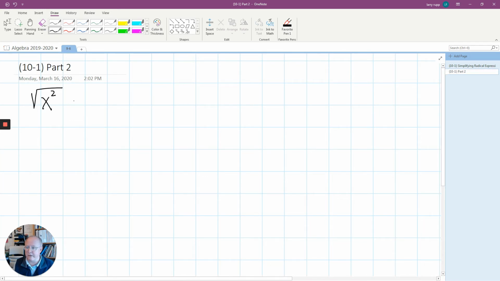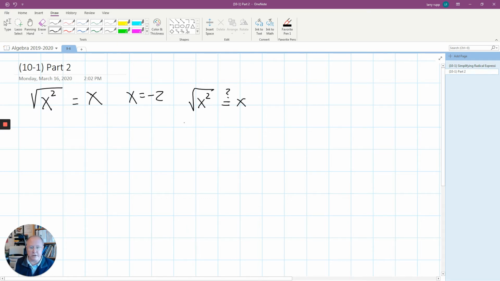Okay? So the square root of x squared is equal to x, right? Duh. Well, what if x is equal to -2? Well, then we have the square root of x squared. Does that equal x?